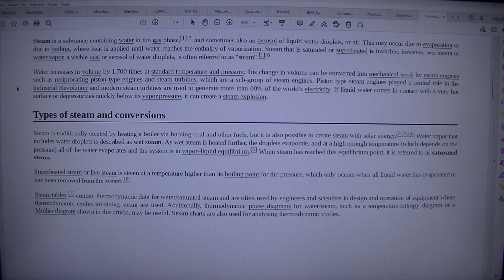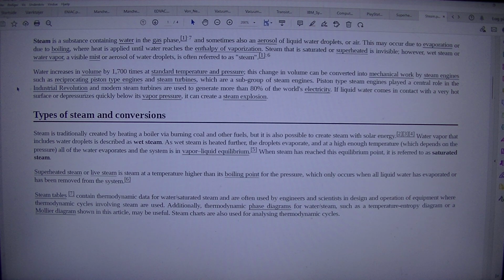Types of steam and conversions. Steam is traditionally created by heating a boiler via burning coal and other fuels, but it is also possible to create steam with solar energy. Water vapor that includes water droplets is described as wet steam. As wet steam is heated further, the droplets evaporate, and at a high enough temperature, which depends on the pressure, all of the water evaporates and the system is in vapor-liquid equilibrium.